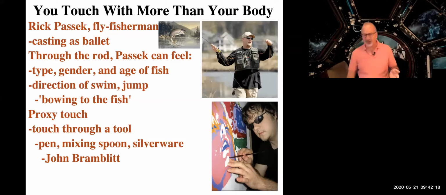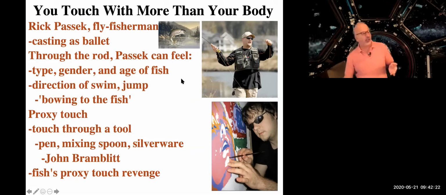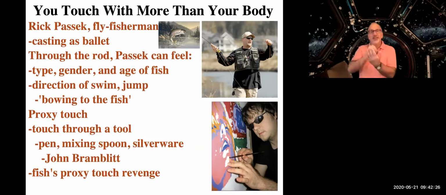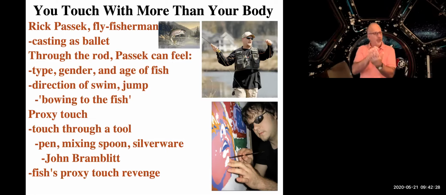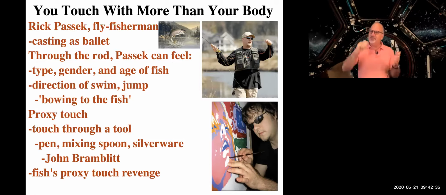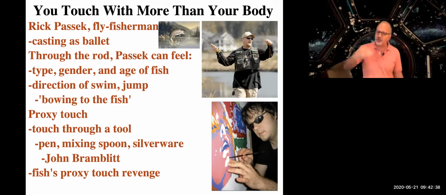So the fish are actually touching the line and rod through the vibrations that are occurring in the hook. I know it's a little icky, but it's not a lot of pain for the fish, as far as we know. But they're feeling it through the hook. So there are certain vibrations occurring in the hook that's in contact with the fish's skin.